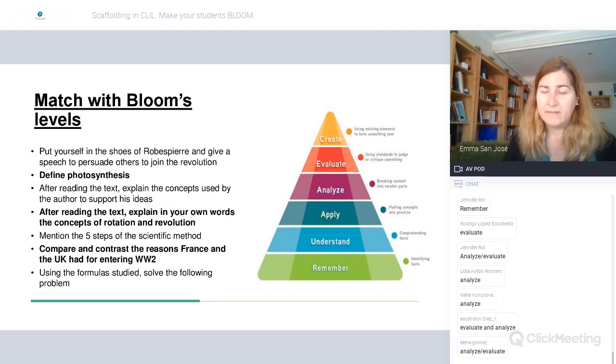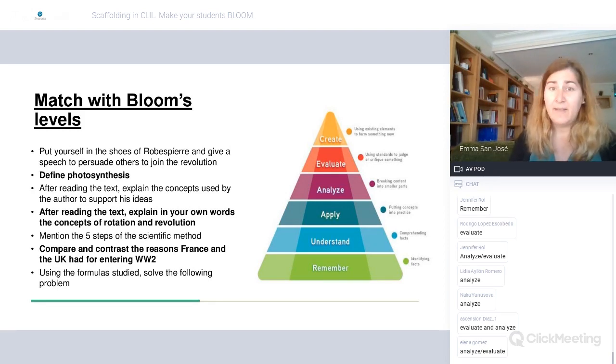For example, I do social science. Maybe I cannot apply many things as a science teacher would be able to do, okay? And maybe a science teacher would have it more complicated to evaluate, but in my case, in history, for example, it's very easy. They have to evaluate and analyze a lot of things to come to conclusions, right?